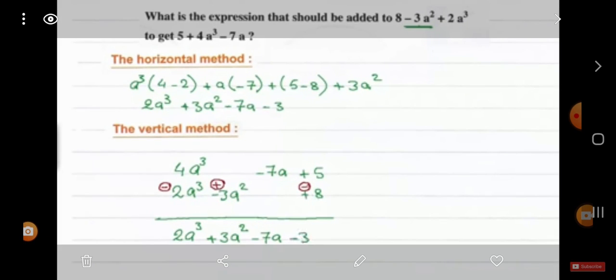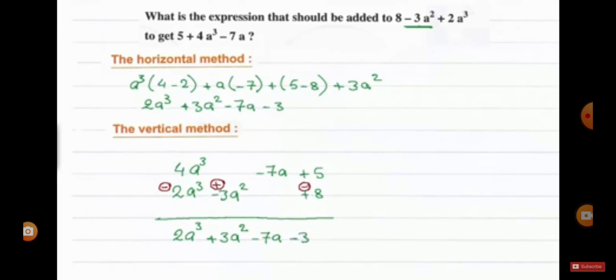Try the vertical method. I put the second expression with arranging: a³, make space for a², then −7a + 5. Second expression: 2a³ − 3a² and make space for a¹, + 8, and change all to the opposite signs for the second expression.